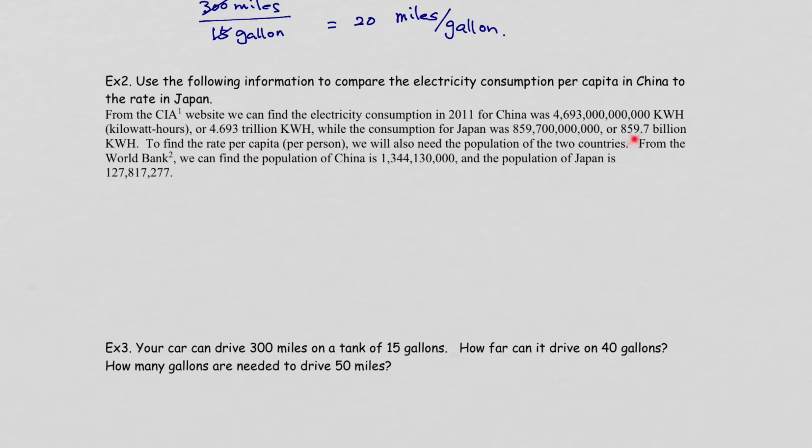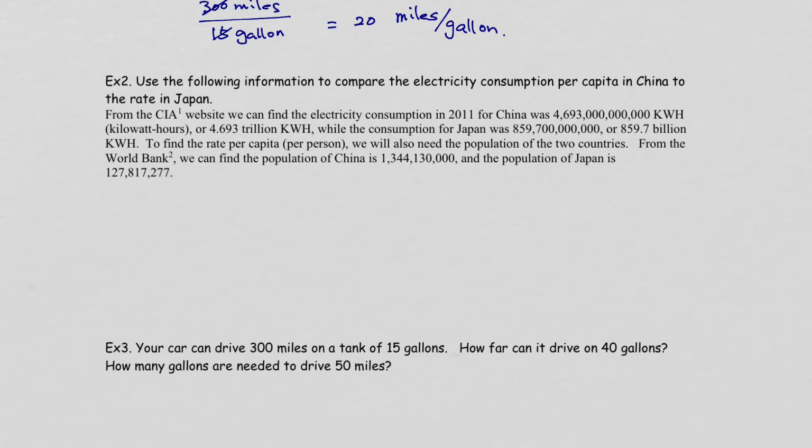Japan is using 859.7 billion. So by the amount itself, China uses more. But then you also need to compare how many people are living in the different countries, right? The populations. Here is the population of China, and this is the population of Japan. Obviously the Chinese population is way bigger than the Japanese population.